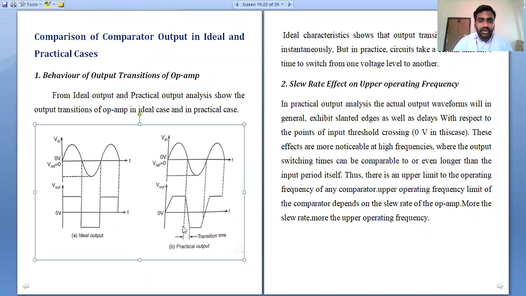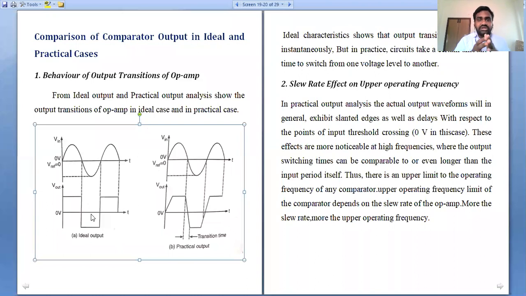At this instant, because of these external effects of slew rates, temperature drifts, and threshold values, and whatever the output parameters may be, we can see there is a transition time, and the output is not completely a square wave as compared to the ideal case.